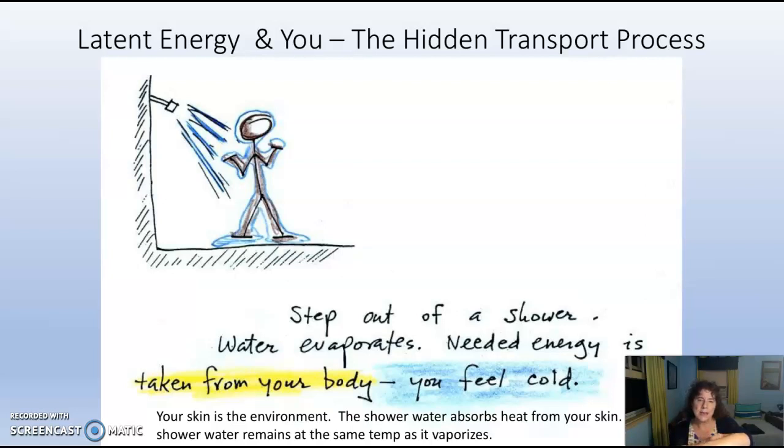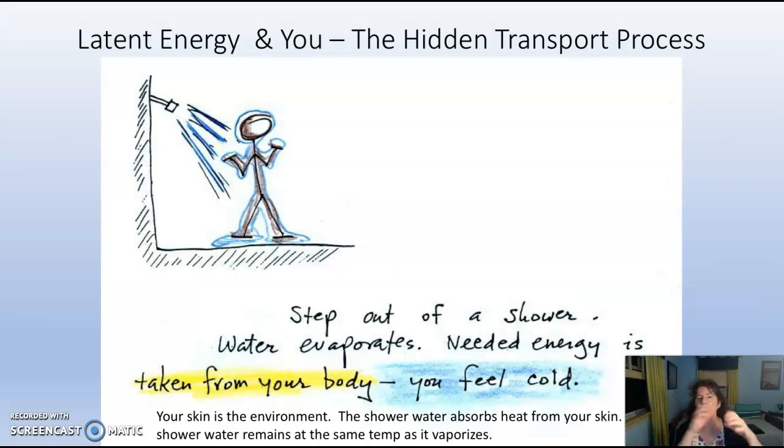So your skin transfers energy to the water. And in transferring energy to the water, your skin has a lower energy now. Your skin feels cooler. At the same time, the energy that went into the water that's sitting in droplets on your skin didn't change temperature.